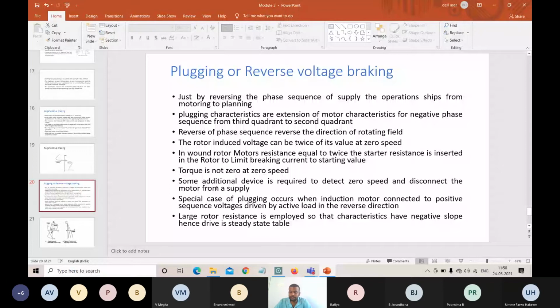So we can observe the increase in the braking torque using these characteristics.